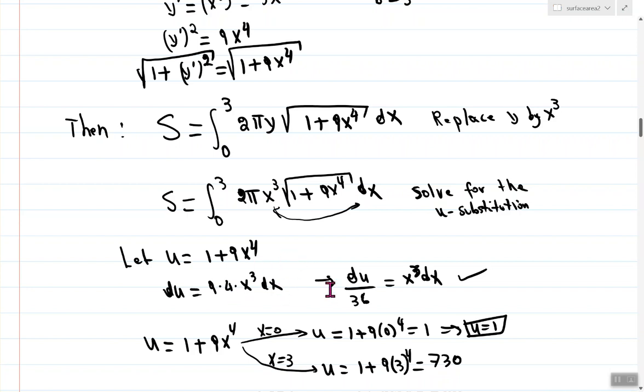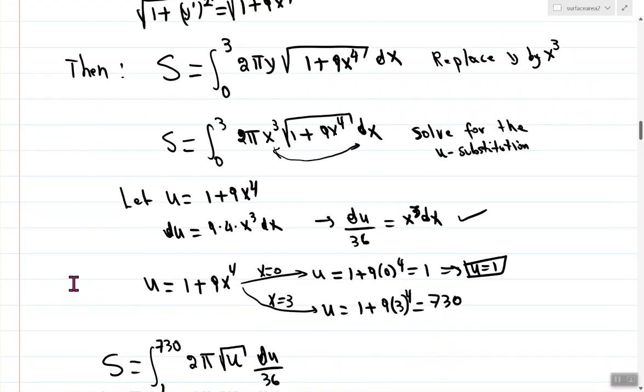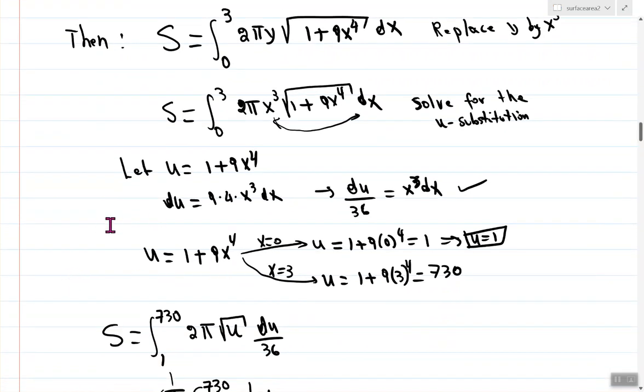So we want to find x cubed dx from here, so we can divide both sides by 36. 36 comes from 9 times 4. And because I want to change the x integral to the u integral, I will also change the limits of integration. When x is 0, I get u is 1. When x is 3, plug in 3 for x, I will get u equals 730.